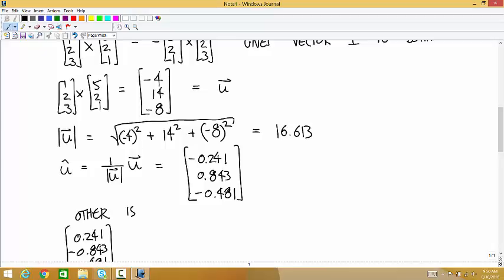Okay. Why do we multiply it by r? Like if they ask us to find a parallel vector, we multiply it by r. Why do you multiply it by r?